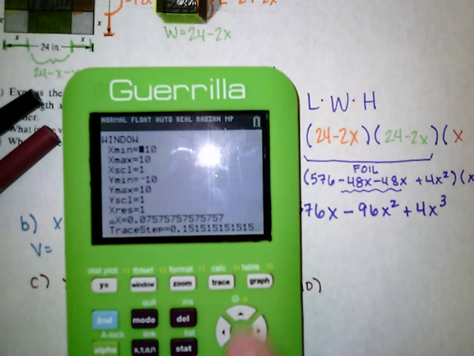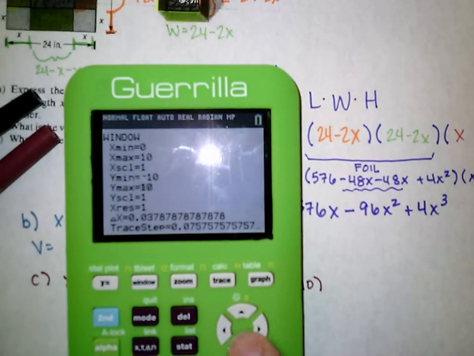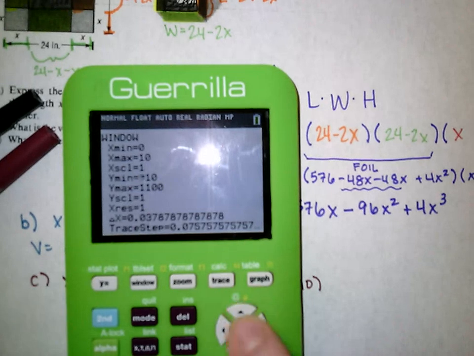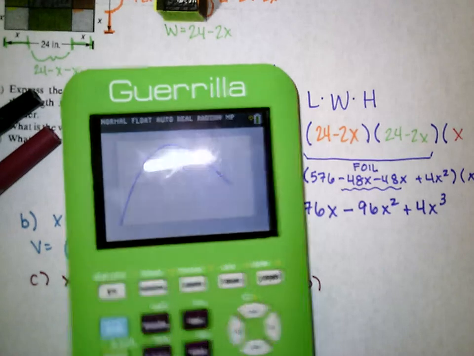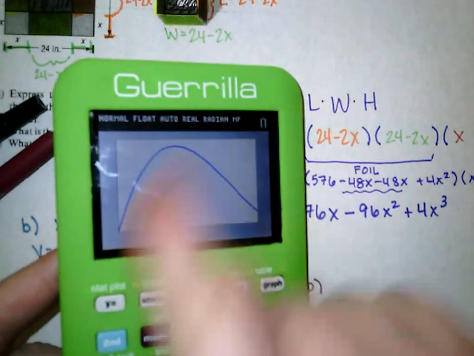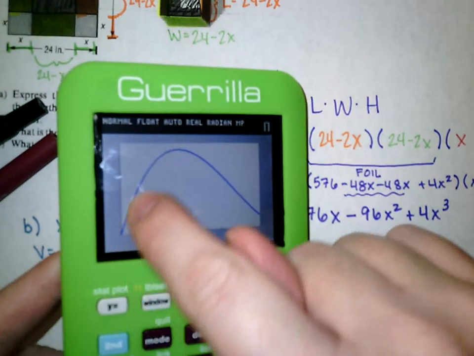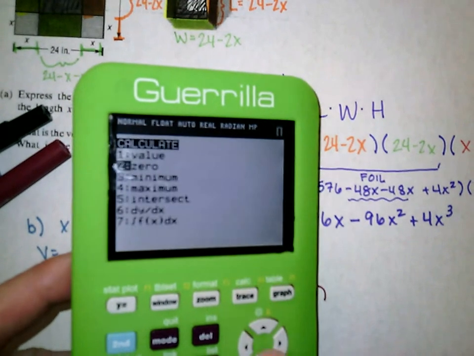Okay, so it looks like maybe I need to go up to a little over 1,000. So let's go 1,100 maybe. Oh, there we go. That graph has a maximum. So I could figure out how big to cut my flap so that I have a maximum volume, because right up here at the top, it would give me a maximum.